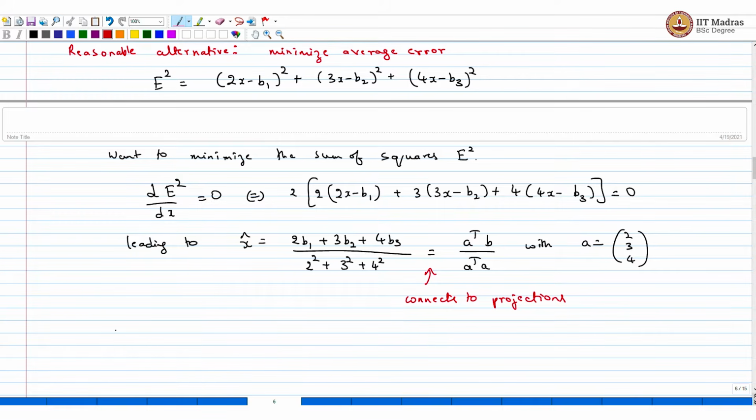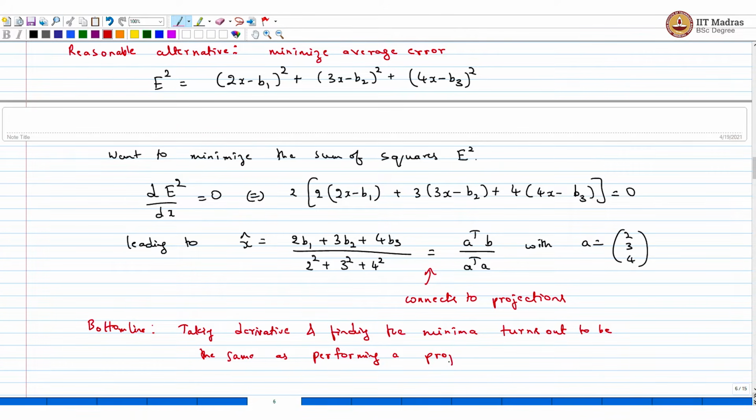So the bottom line is that taking the derivative and finding the minima turns out to be the same as performing a projection.